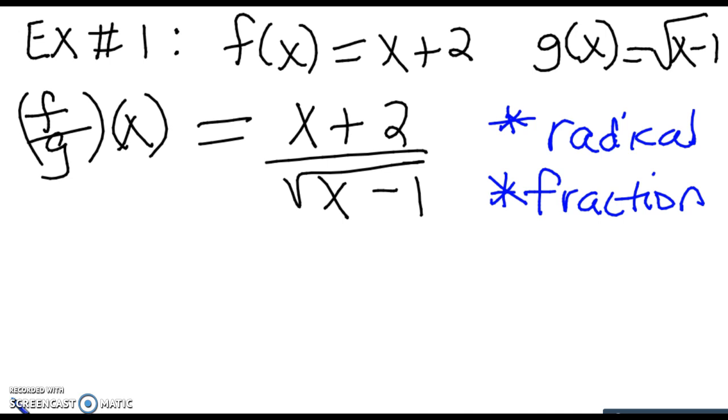So in this particular case, we have a radical that is in the denominator. Well, we never want our denominator to equal 0. And also, we don't want what's underneath the square root to be negative because then we would have an imaginary result. So we want to put some restrictions on the domain in order to keep this function defined.